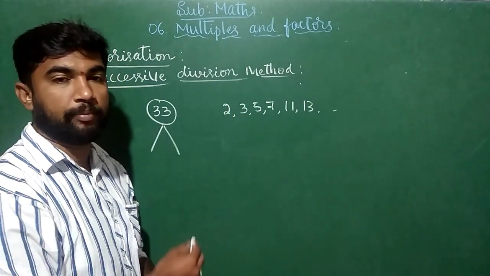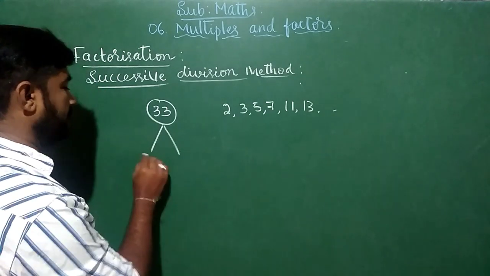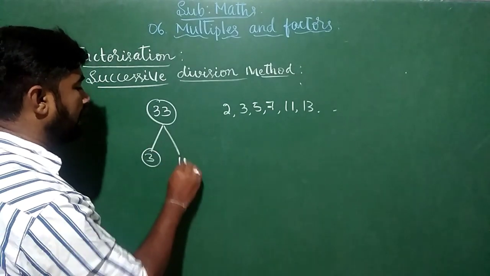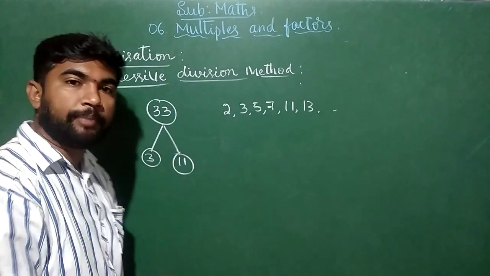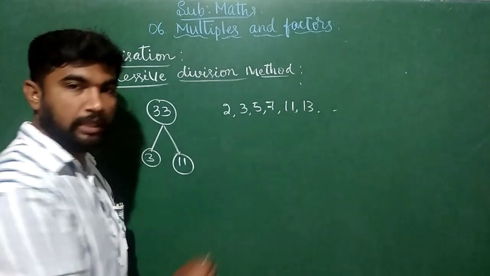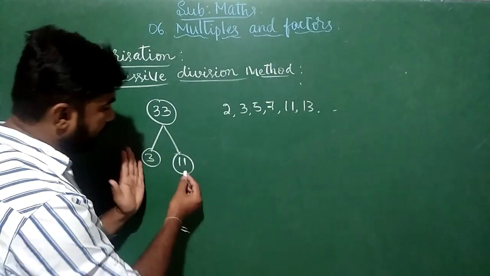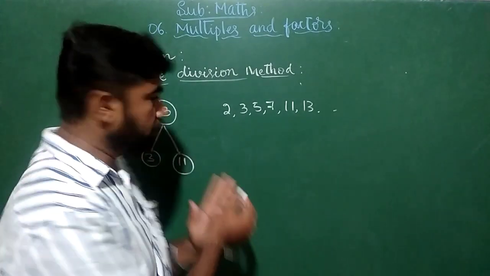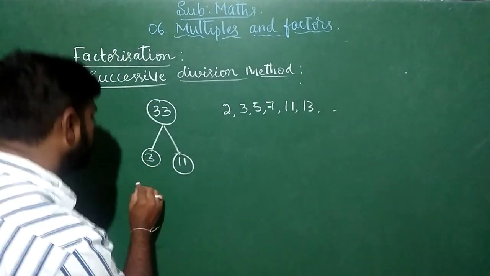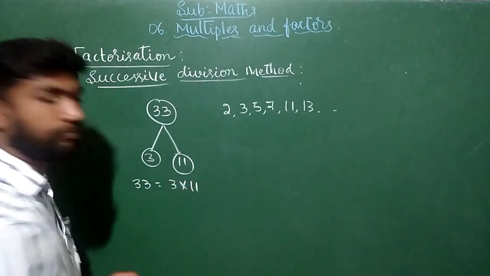The next prime number is 3. 33 is a multiple of 3. Yes, 3 11s are 33. Here we got the 2 prime numbers, 3 and 11, so we can stop the problem. When we are getting the prime numbers, we can stop. So this is the factor tree method. At last we write 33 equal to 3 into 11.